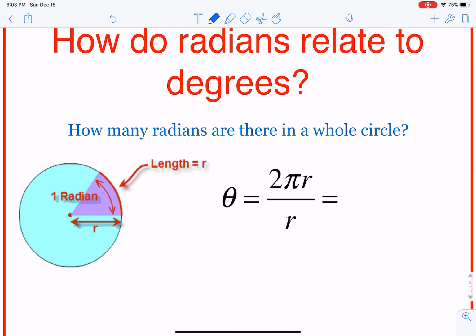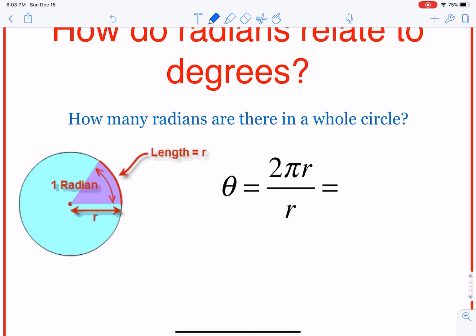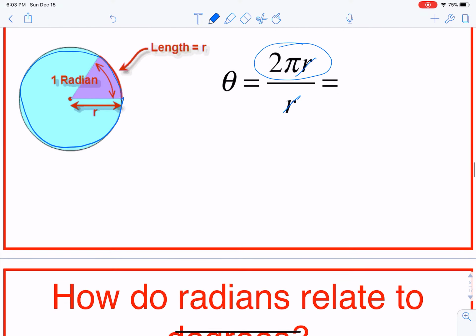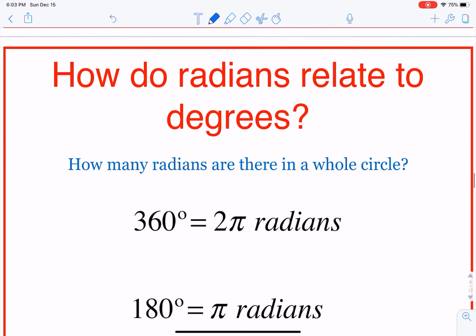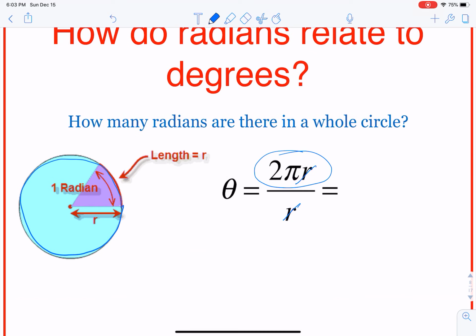So my theta could be, I know that the circumference of a circle is 2 pi r divided by r. So if I simplify out my r values, an entire circle will give me 2 pi radians.